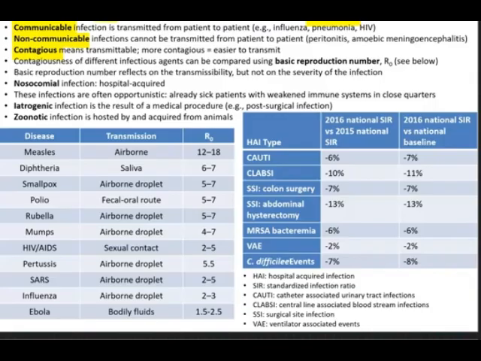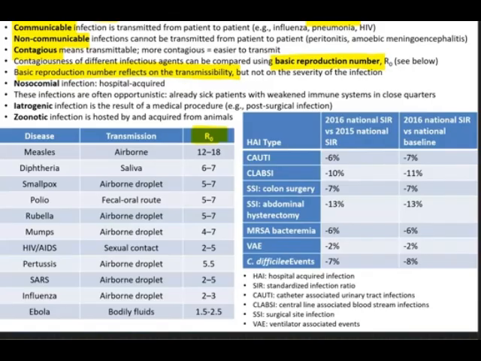So what I'm going to be focusing on is basic reproduction number, which is not a measurement, but a model. Okay? So it's modeled, and it demonstrates the meaning of those numbers that you see here in this column: how many people are going to be infected by a sick person for the duration of their disease.